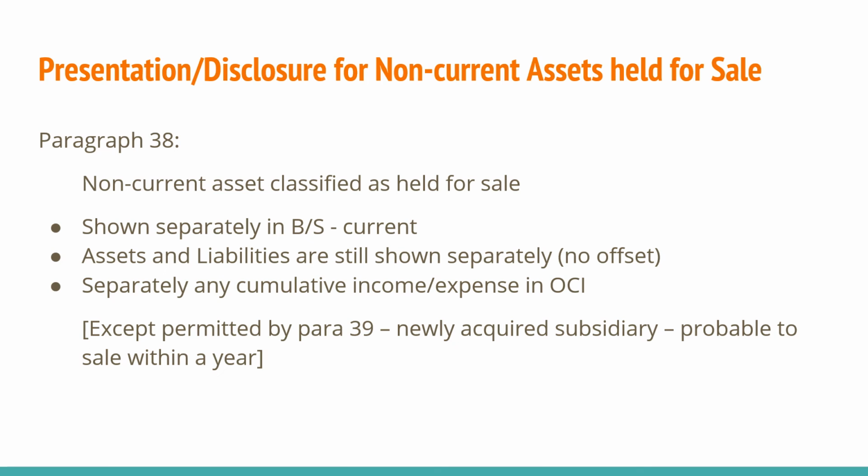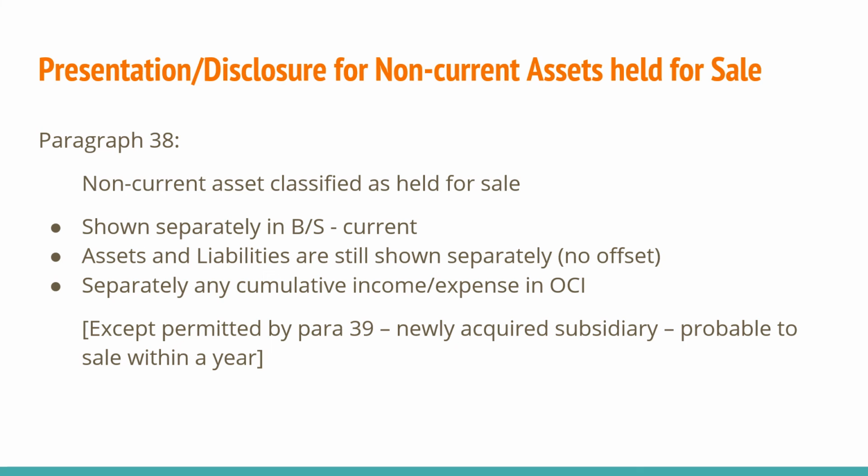Especially, the non-current assets classified as held for sale should be shown separately from the other assets in the financial statements. The liabilities and assets should not be offset and presented as a single amount. They should be disclosed separately either in the notes or in the financial position statement.